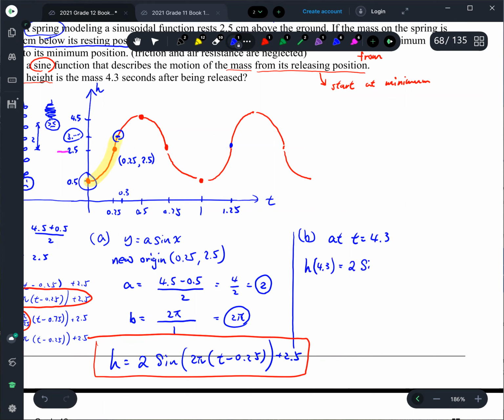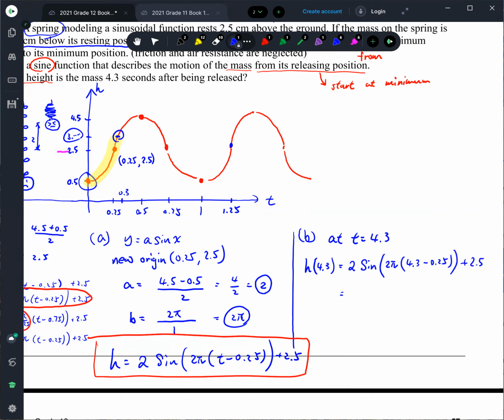2 sine. You need to have it in radian mode. There's no degree here. And then 4.3 minus 0.25. Make sure you type it in correctly. The answer that comes out should be around 3, somewhere about 3, maybe 2.9, maybe 3 point something, between 2.5 to 4.5. If you have an answer, please raise your hand.